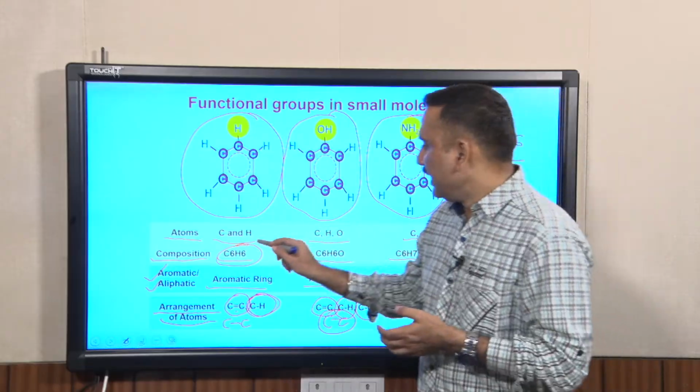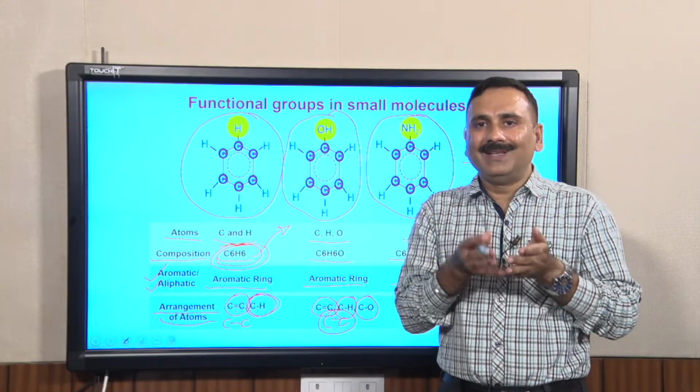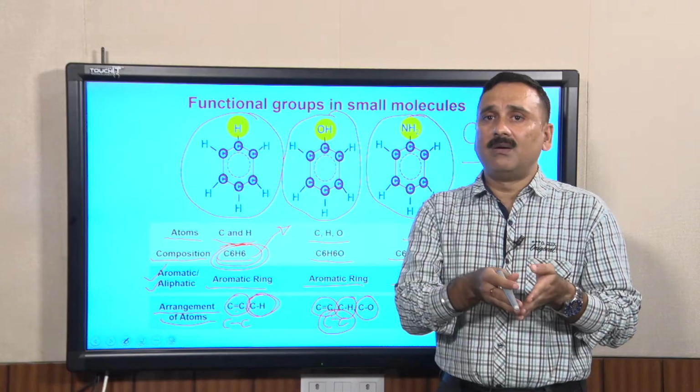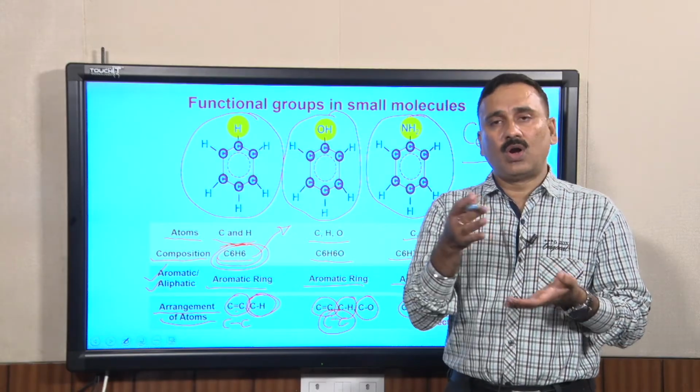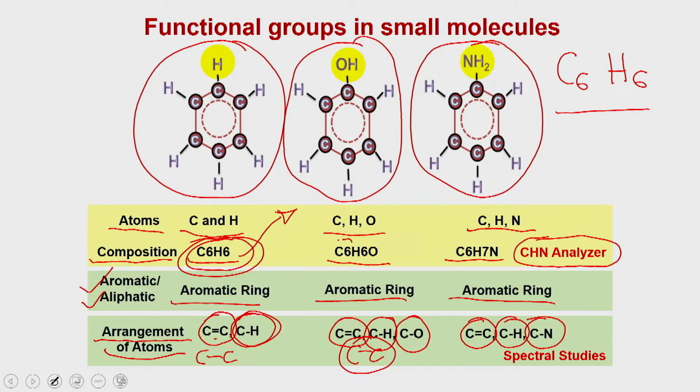For example, in the case of benzene, you got the empirical formula C6H6, which itself says that this particular compound does not contain any functional group, because carbon and hydrogen together do not form any functional group. You require a third element, either nitrogen or oxygen, to form the functional groups, and that is what is happening here.